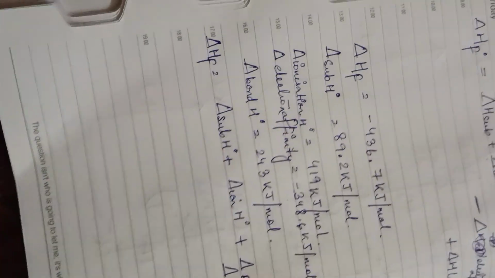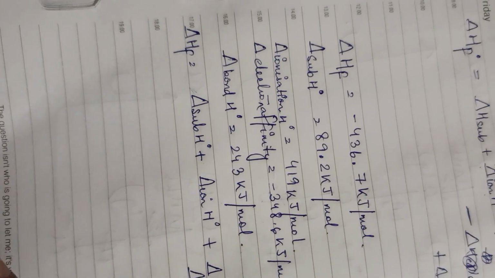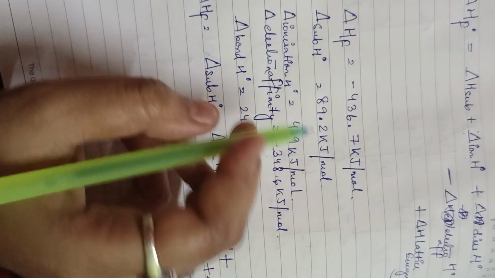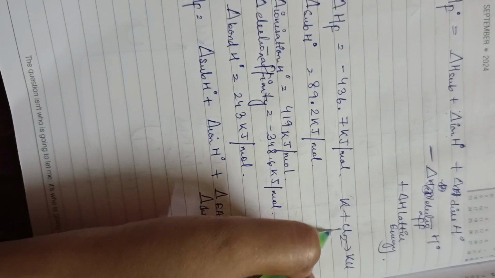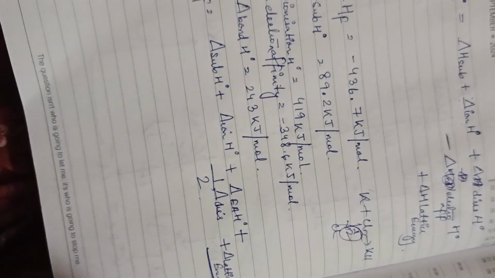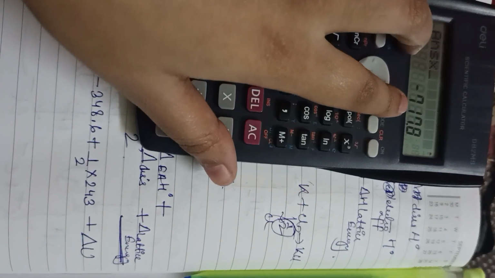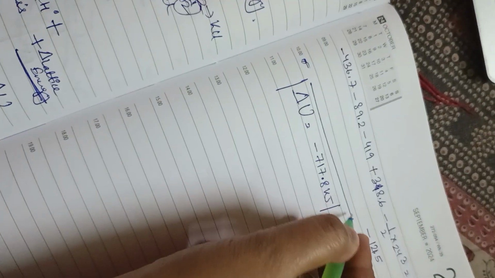Now you have to calculate the following. What will be the magnitude of lattice energy? You need to take out this. For KCl, you are doing half dissociation to get Cl, so you have to calculate half dissociation. Now put the values, use a calculator, take out the value. I put the values and got this value. Okay, this was your sum from Born-Haber.